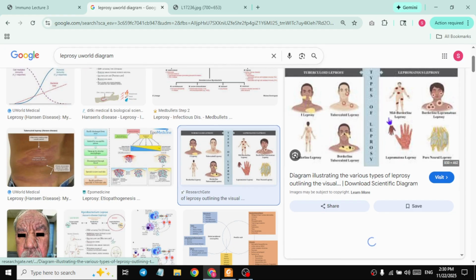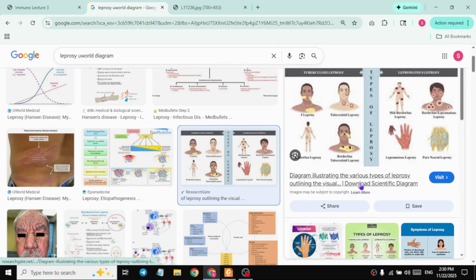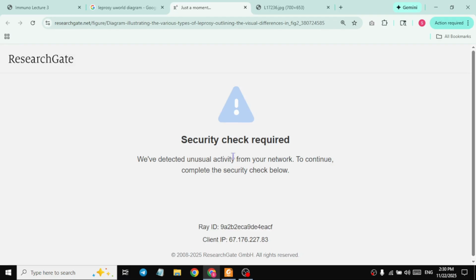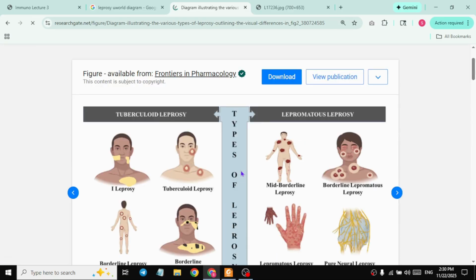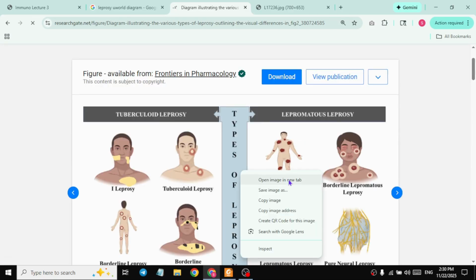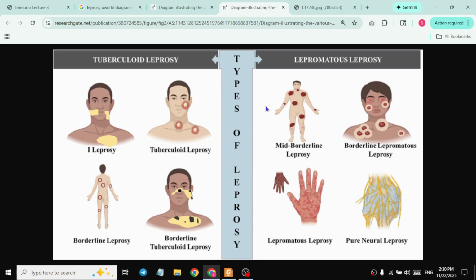There are two types of leprosy: the tuberculoid type and the lepromatous type, right? Tuberculoid type is much milder in presentation. It has less disfiguring symptoms, whereas the lepromatous type has very intense skin findings, neural findings, and a lot of disfiguration.